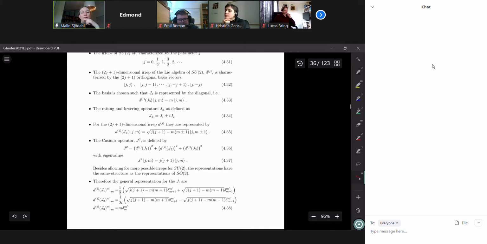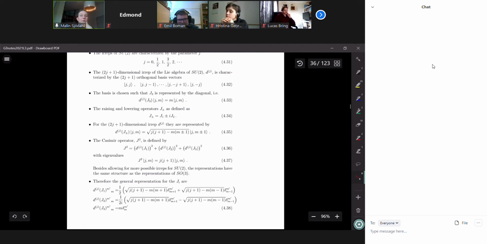So j squared is then represented by dj1 squared, dj2 squared, dj3 squared, and it has the same eigenvalues as before. So for the representation j, the eigenvalue is j times j plus 1. So same state here and same state here.